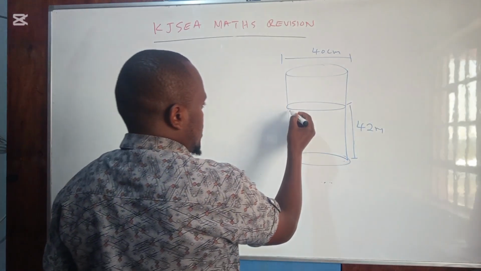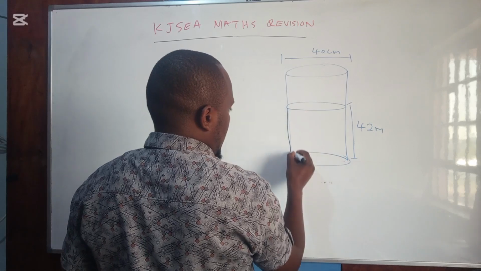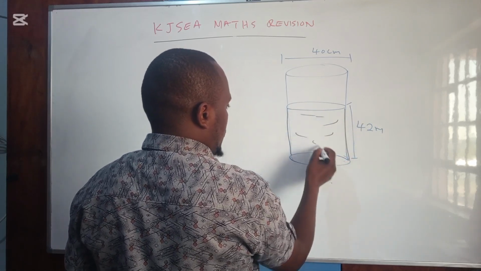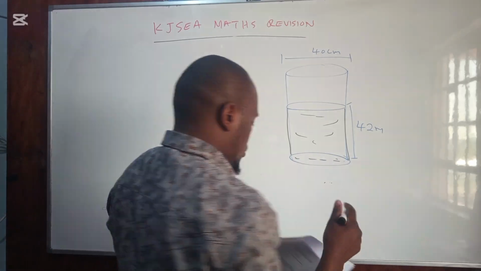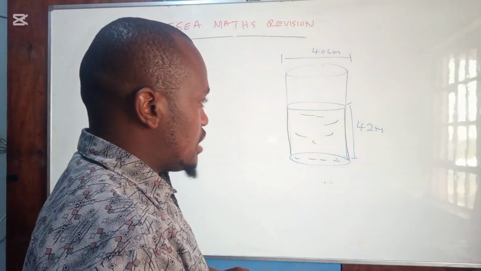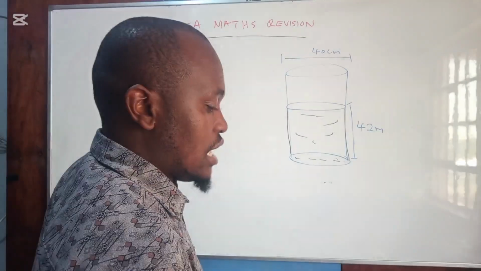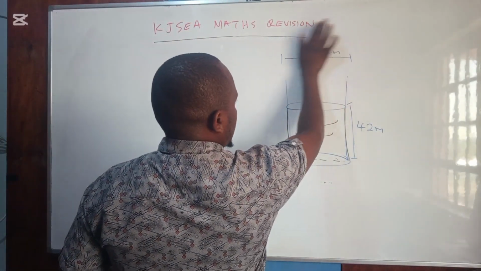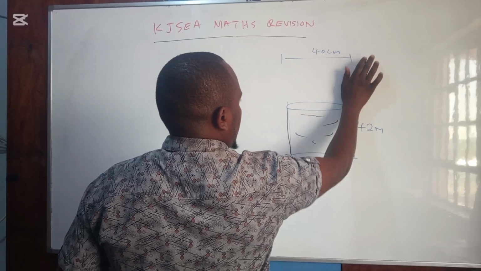So the surface area that is in contact with water, inside the bucket, all this area is in contact with water, and the bottom. So we are asking for the surface area of an open cylinder, and you can forget about the other parts that you do not have.